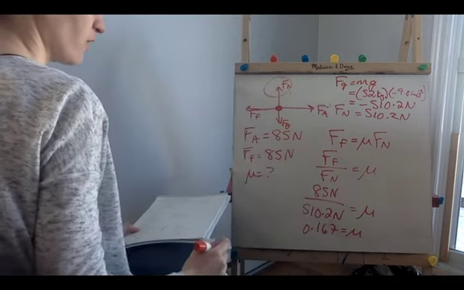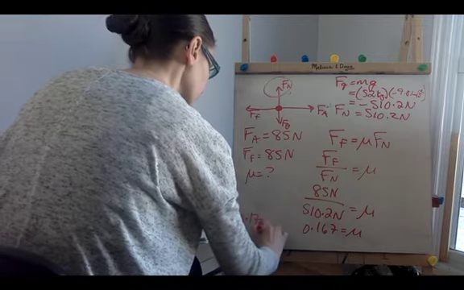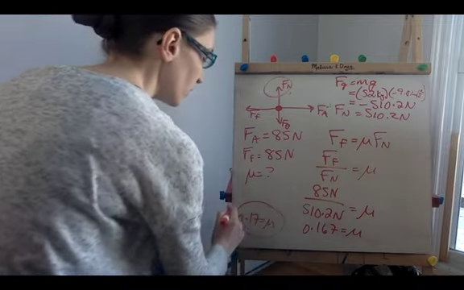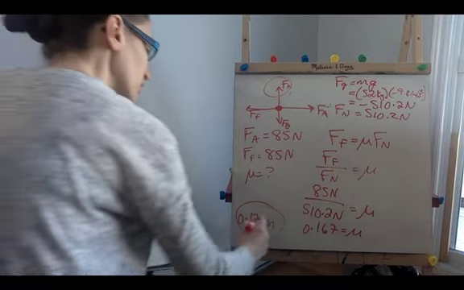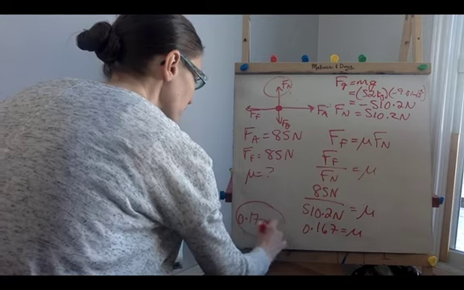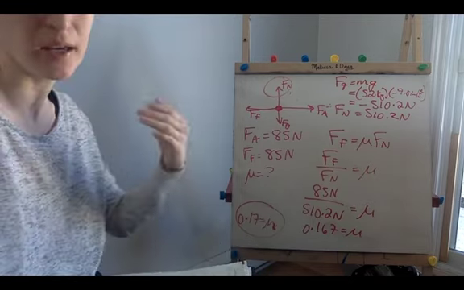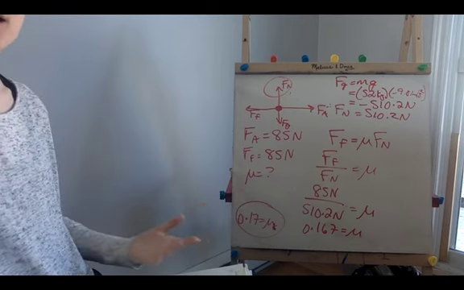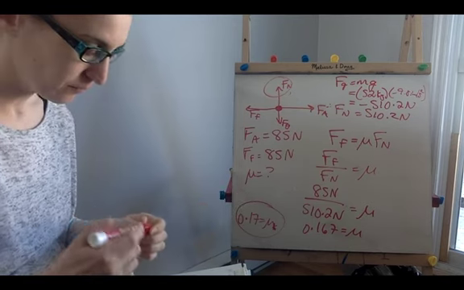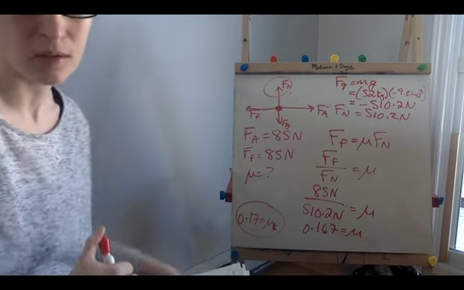But in terms of sig figs, we only get 2, so we would call this 0.17 instead. That would be the coefficient of kinetic friction to keep things moving at a constant speed. Like I said, if after we've overcome it we keep applying a larger force, we would be accelerating, but because we're going at a constant speed, we know that these values have to be the same.